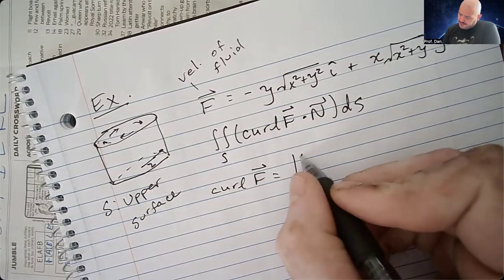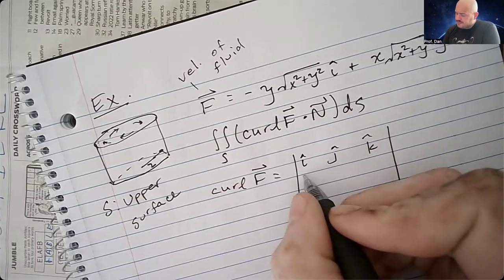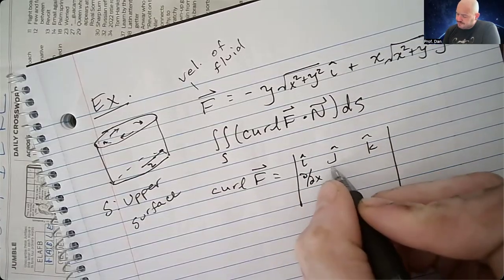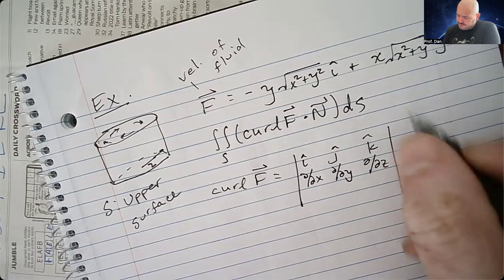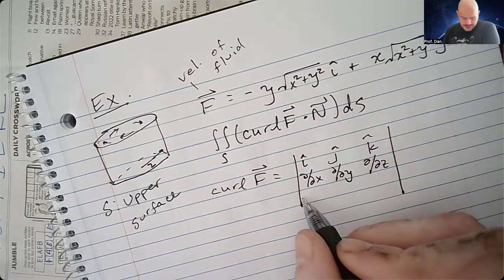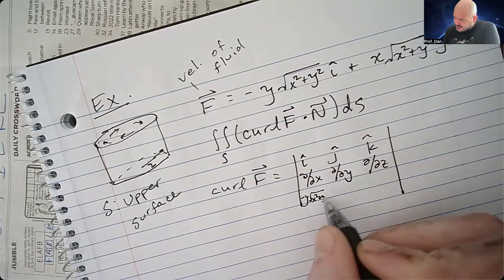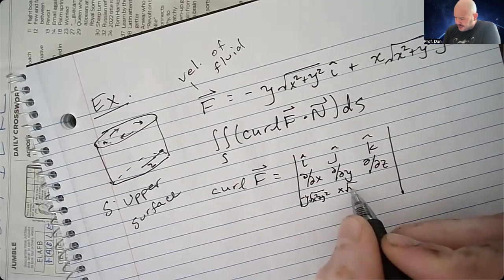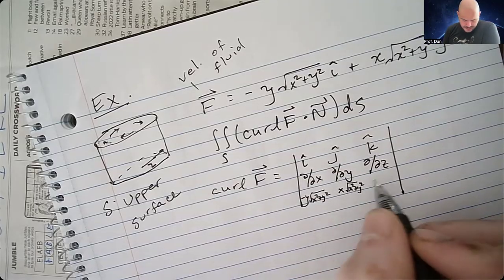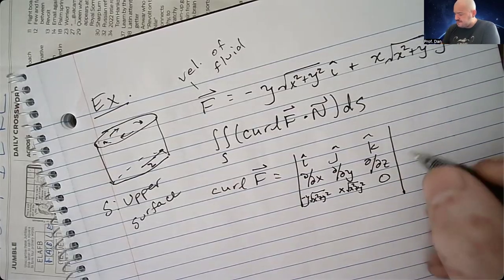The curl of F, we'll set up our 3 by 3 determinant. We get negative y square root of x squared plus y squared, x square root of x squared plus y squared, and then there is no k component, so 0 for that one.